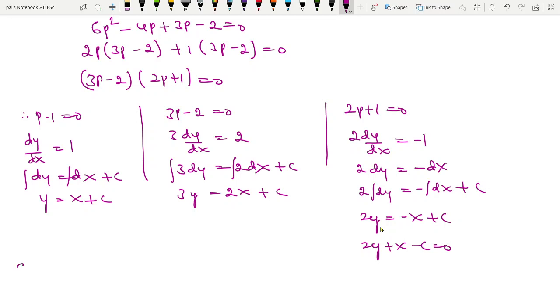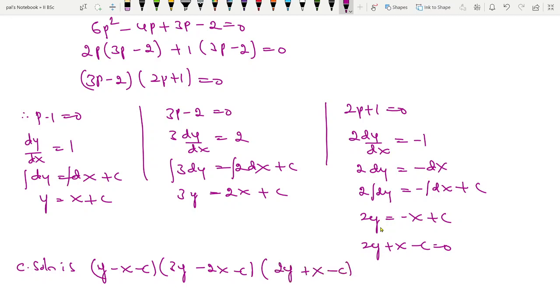So therefore complete solution is y minus x minus c into 3y minus 2x minus c into 2y plus x minus c is equal to 0. If it is a cubic equation, 3 factors come.